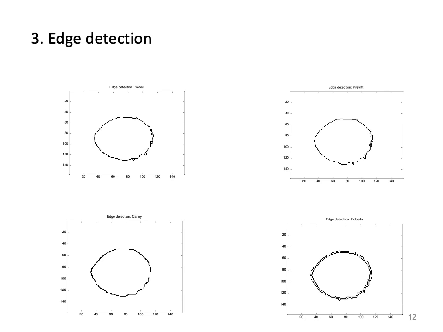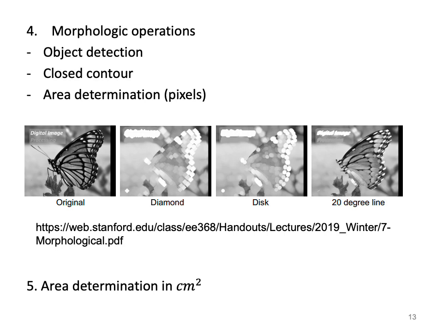Next, we find the edges in our images. For this, we use different edge detection filters, where the best results were given by the Canny filter. After the edge of the images is detected, we perform several morphological operations, where the principles are object detection, closed contour, and then the determination of the area that will be related to the diffusion coefficient.